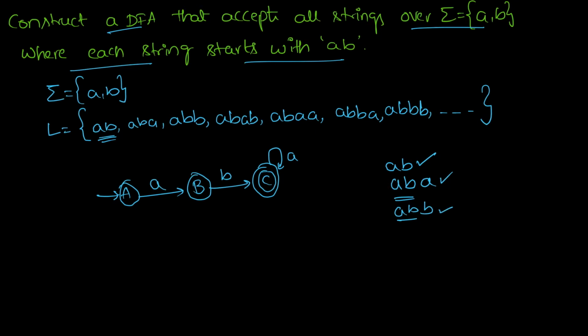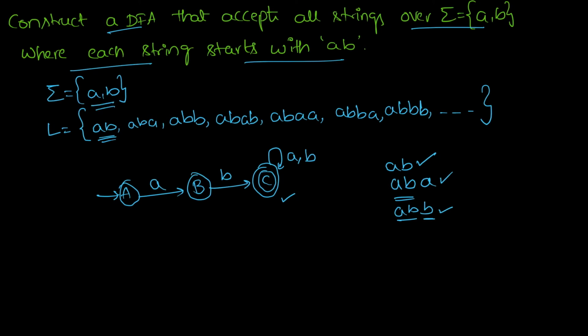So from state C, when we see symbol B, we stay in C. We see that the state C is completed. I mean, C has all the transitions over every symbol.